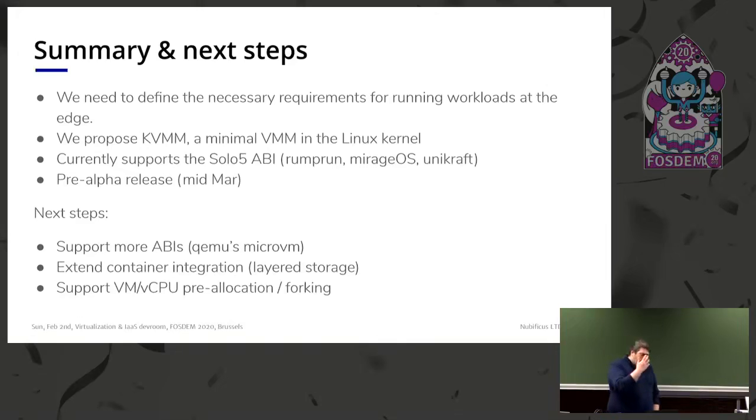We have been doing some work on integrating container storage and unikernel storage, bridging the gap when we run unikernel containers as containers. And also we would like to try some of the recent approaches by the community, like VM forking or pre-allocation of vCPUs to be able to have instant spawn times.